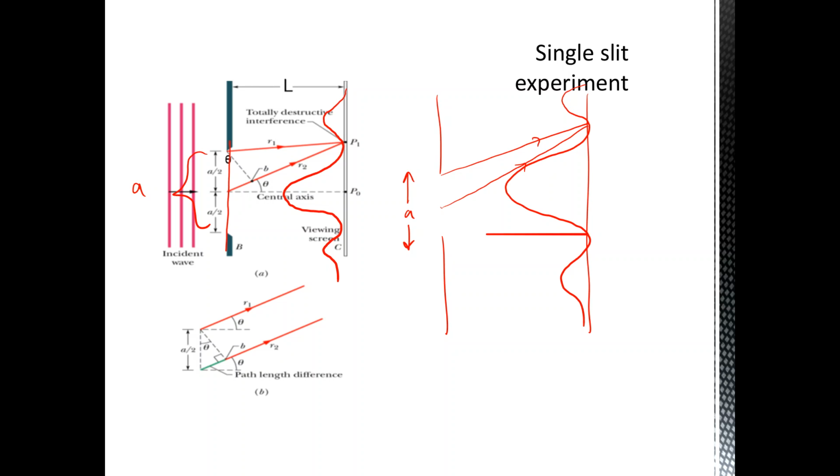Half a wavelength, right? So let's figure out what the path length difference is. So let's draw a right angle here, and I have this line which is going to be A over 2. That's my hypotenuse. A over 2 with my angle, and my path length difference is going to be A over 2 sine theta. A over 2 sine theta is going to give me my path length difference.